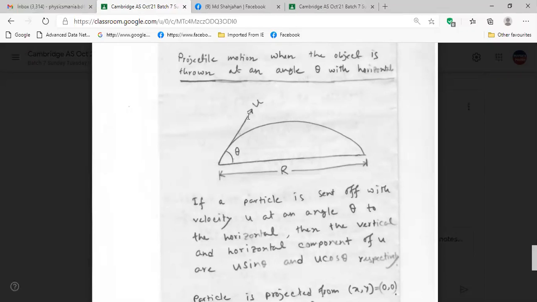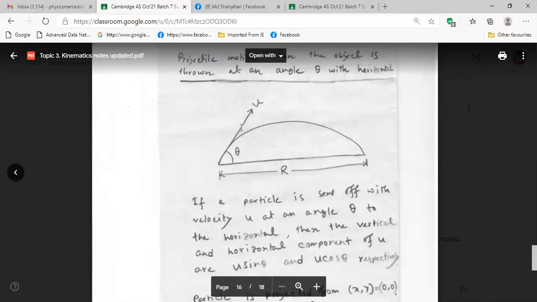And here you see R. R shows the range. That means how much distance the object will cover horizontally. That is called range.